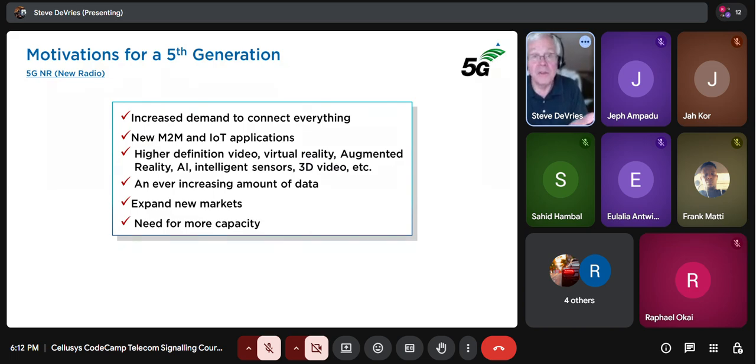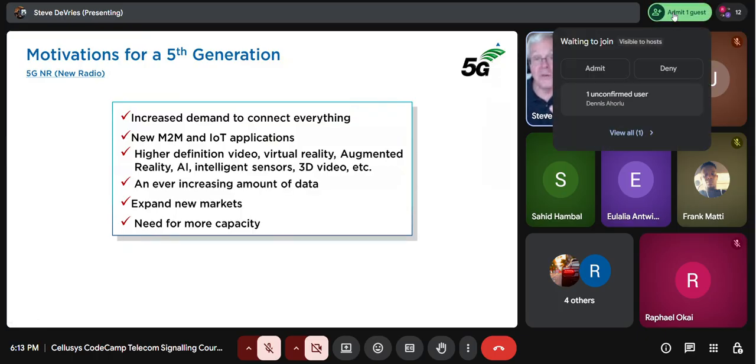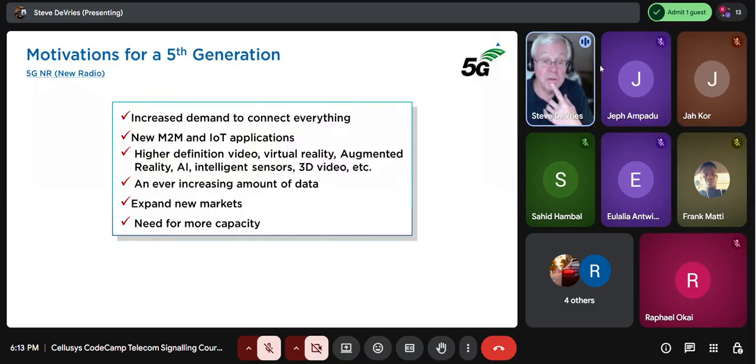Back then I was thrilled just to be able to move and have a phone. Now to do all these things, more and more data, and the need for more capacity in new markets. So the fifth generation is a completely different architecture from 4G, which is a different architecture from 2G and 3G.